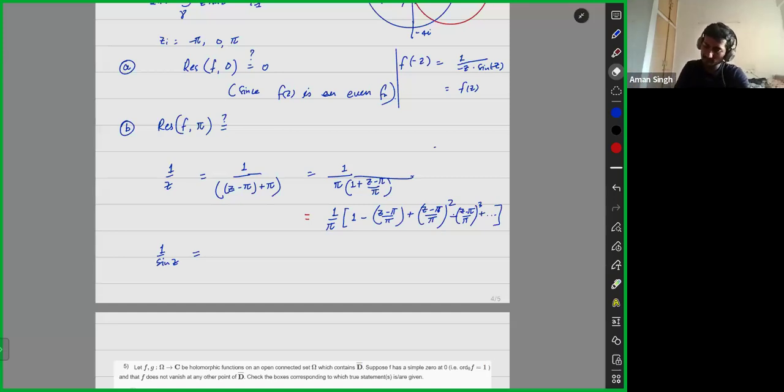I'm trying to expand only. How to expand this 1 by sine z? Usually it starts from f of z naught plus... from the denominator how to go to the numerator. That is also needed.